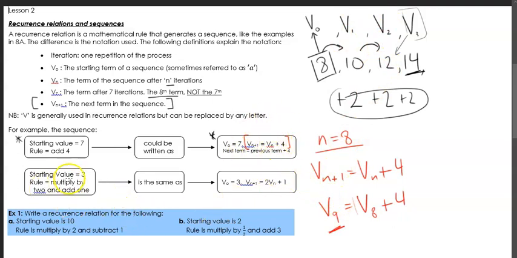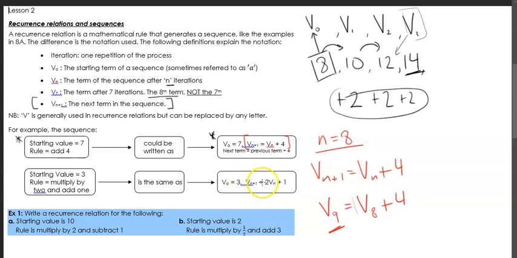So let's look at another one. A starting value is 3, and the rule is we're going to multiply by 2 and then add 1. So the easy part, writing V of 0 is equal to 3. The recurrence relation always starts with V of n plus 1 is equal to. The value, V standing for value, n plus 1.